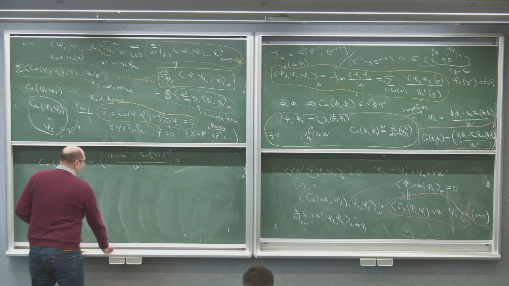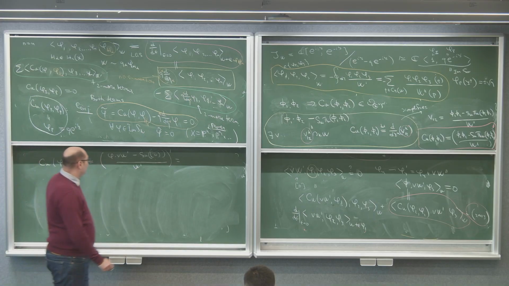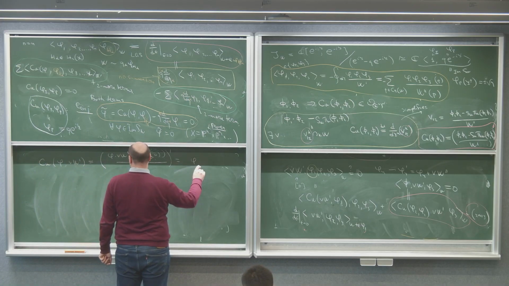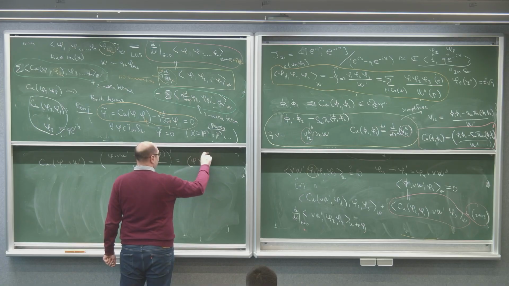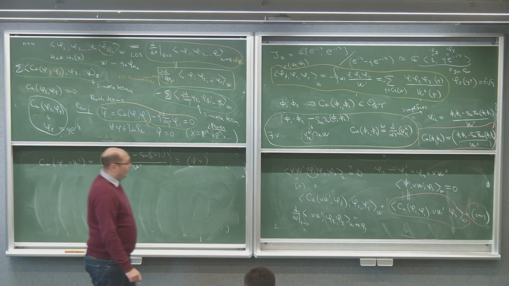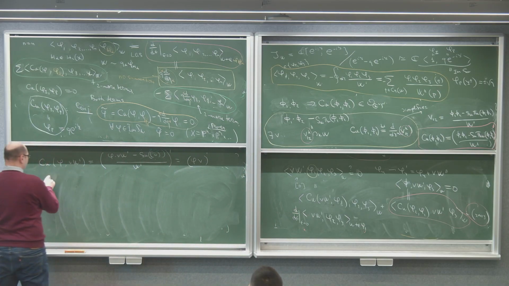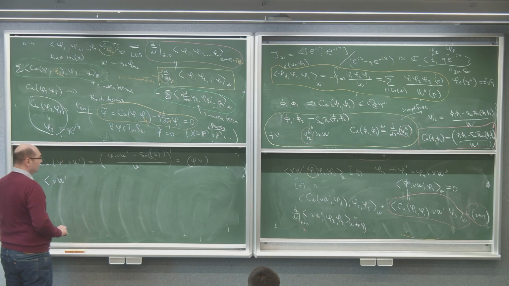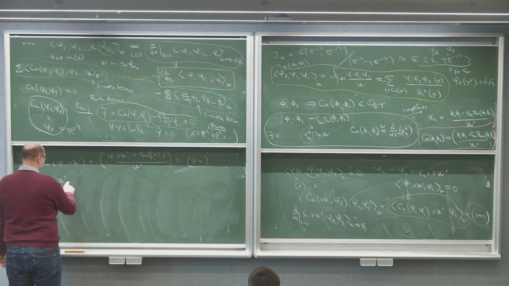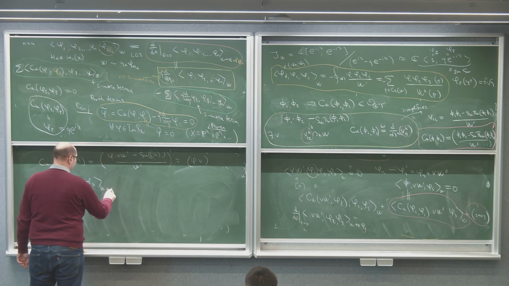And once again, the numerator is divisible by w prime because it's proportional to w prime. So it's v pi times v prime. Now what about this last term? The last term we can also simplify. So w prime and here pi 2, pi 3 computed in the deformed theory by epsilon.